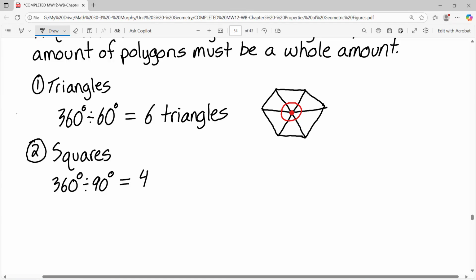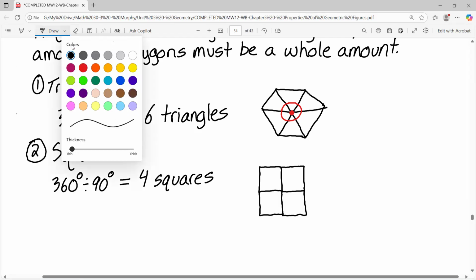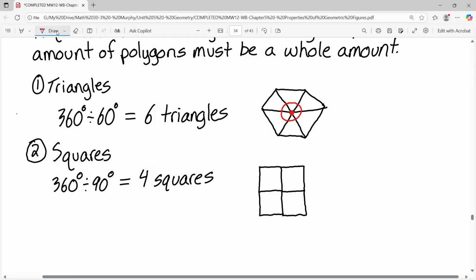You could end up with 4 squares is all you need, right? So if we were to draw this out, there we are. There's 4. And if I circle around, it's 4 times 90. Each of those is 90 degrees, four of them around a central point.